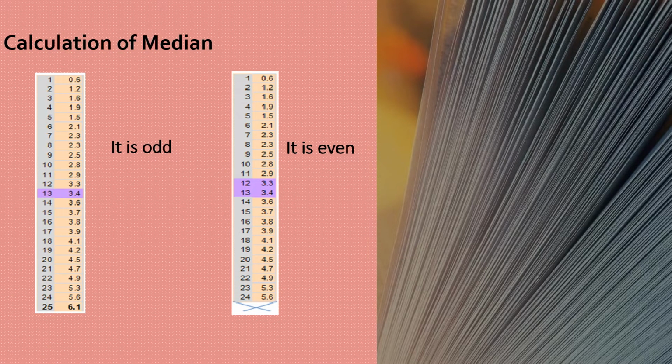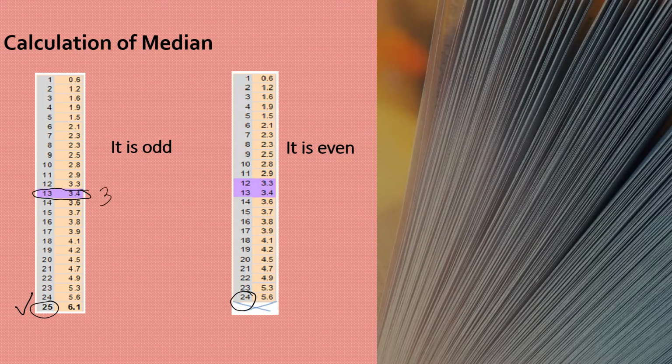In this example, we have two sets of results. One distribution has an odd number of values, 25 values, and the other has an even number of values, 24 values. For the odd number, it is easy to pick the middle one because you have only one middle term.